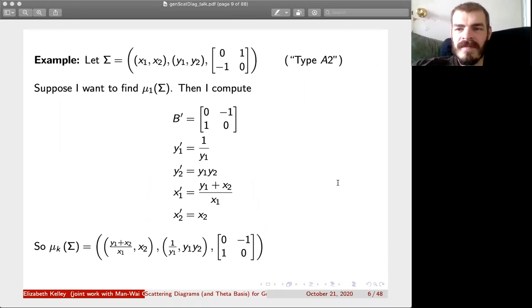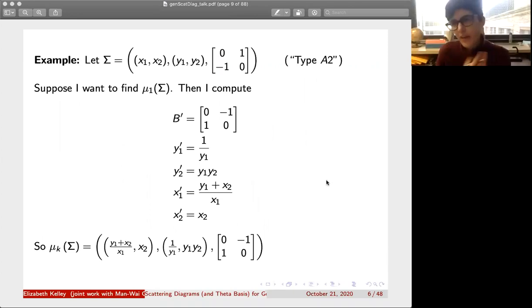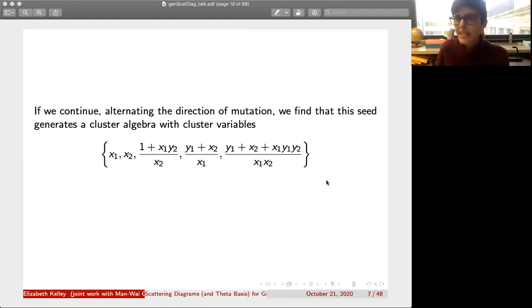Right, so in this example, I'm just showing, if I mutated in direction 1, here's how the seed would change. There's not a lot else that I want to say about this example. If I continued alternating the direction of mutation, I would eventually get this set of 5 cluster variables, and I'm going to claim these are the only cluster variables.